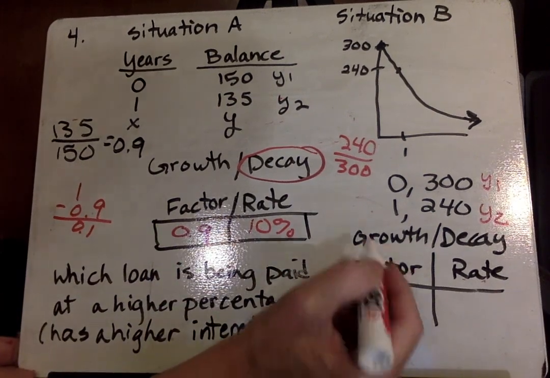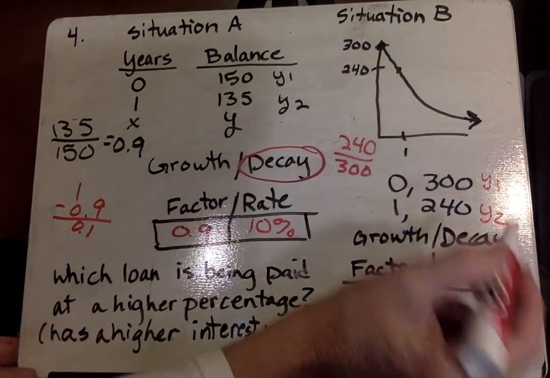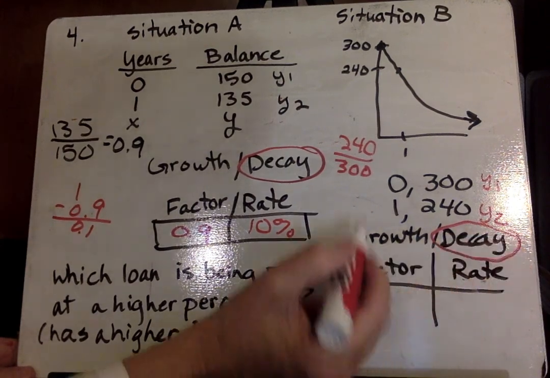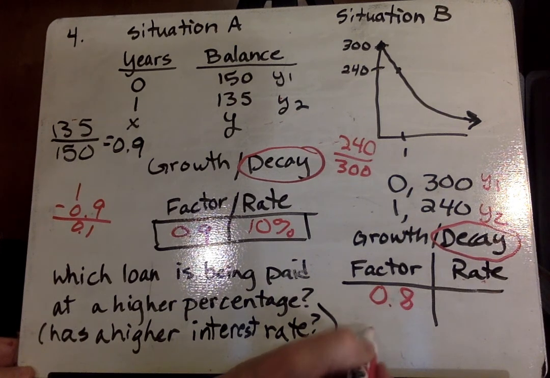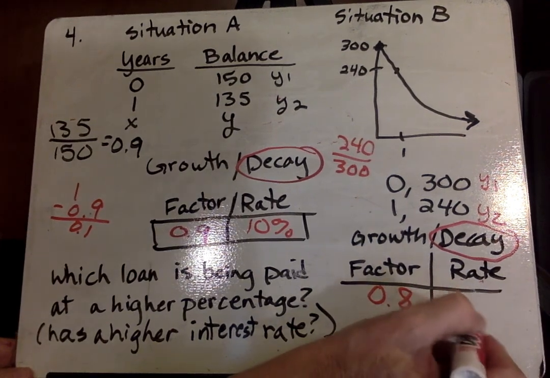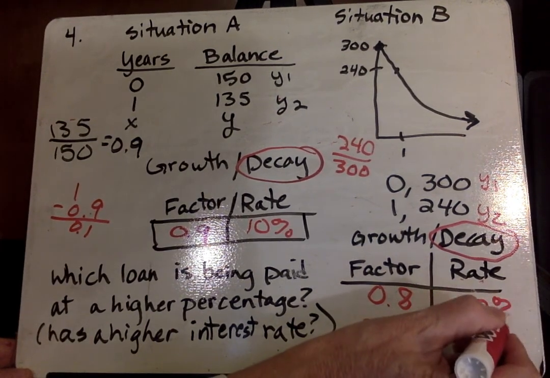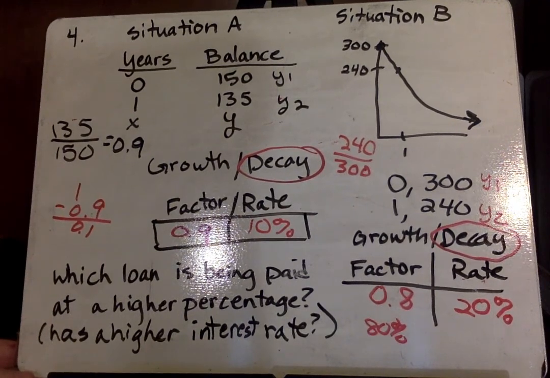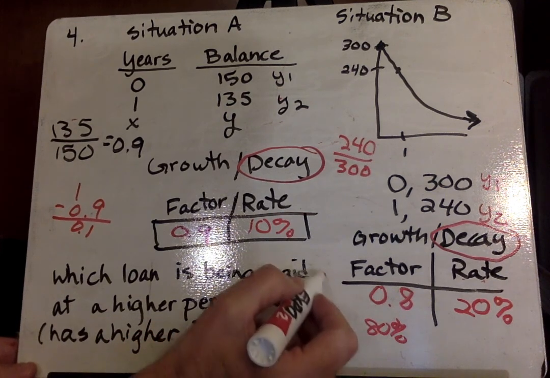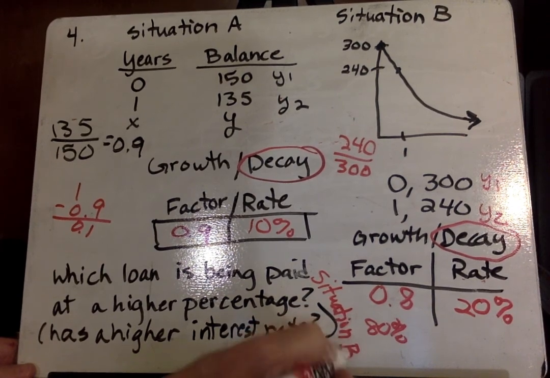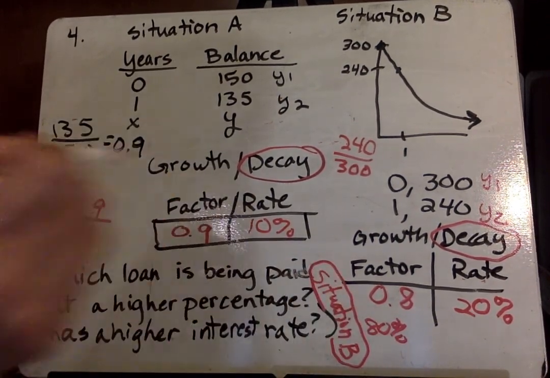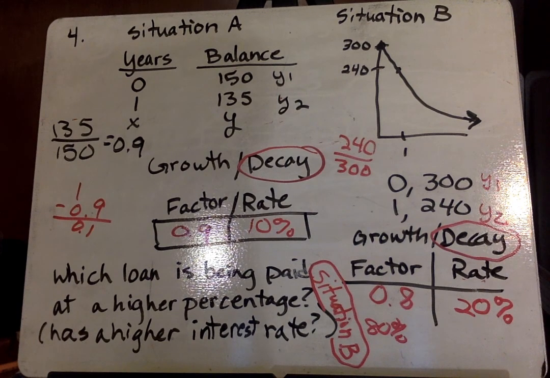So is it growth or decay? Well, it's going down here, so it's got to be decay. And the factor is 0.8. I can convert that to percent, 80, and then subtract that from 100, so the interest is at 20%. So which loan is being paid at a higher percentage or has a higher interest rate? I would say situation B.